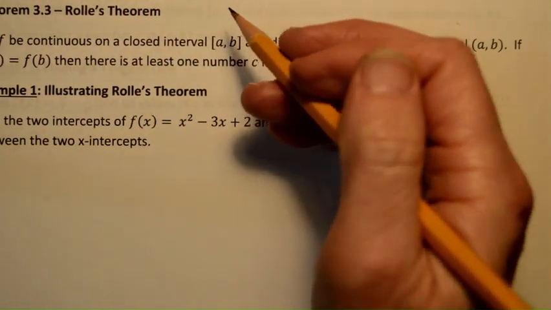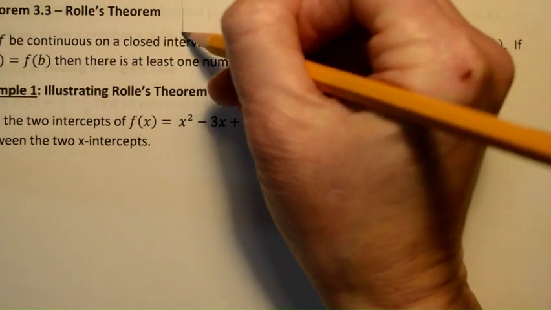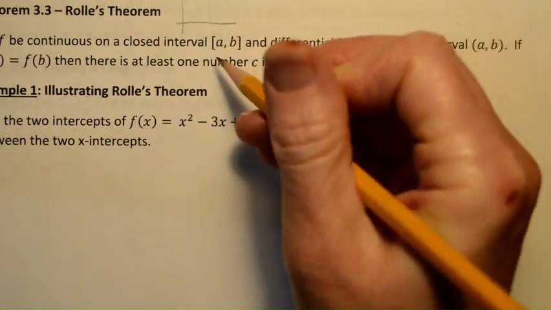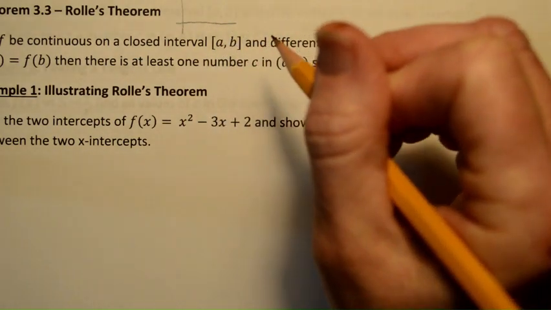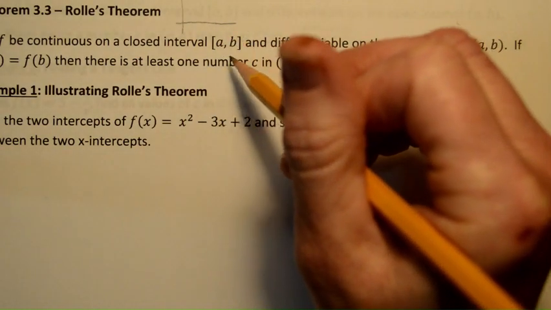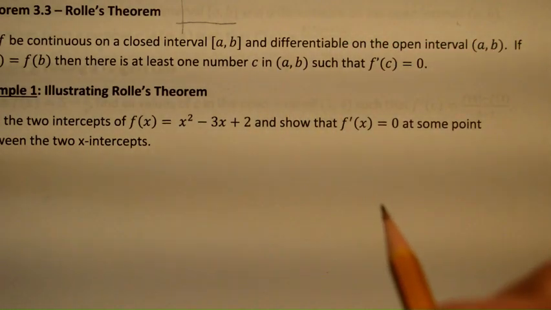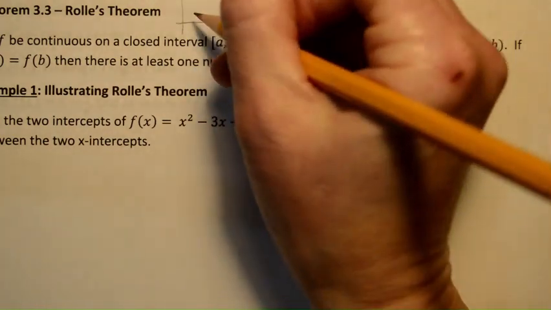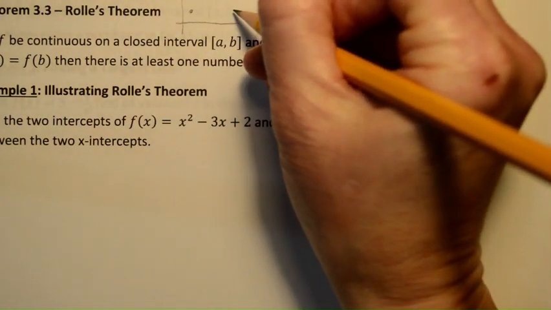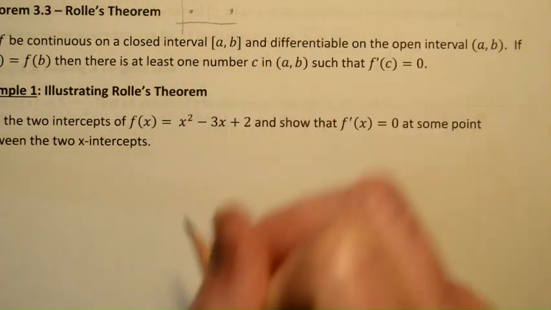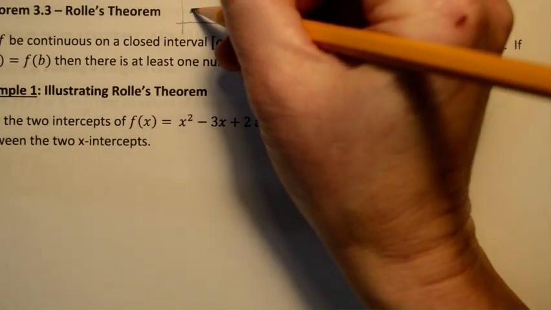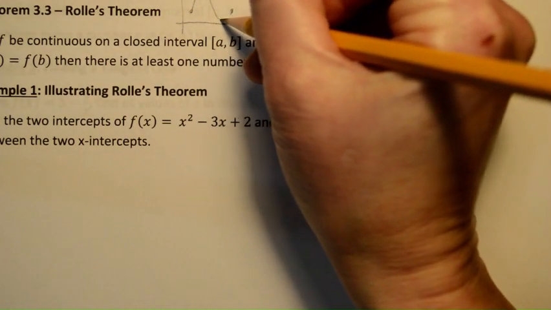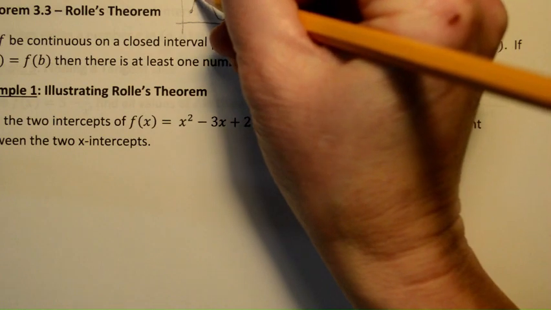Rolle's theorem says that if I have a continuous function on a closed interval, it's differentiable in the open interval, and the endpoints of the interval have the same value, then I'm guaranteed that somewhere within the interval is where I get my max and my min.